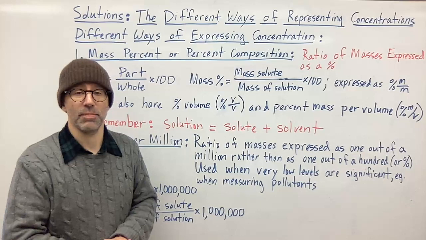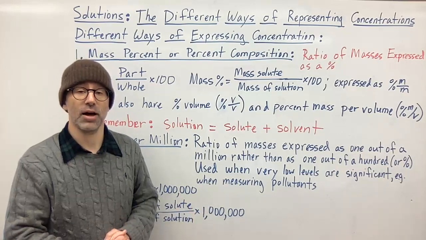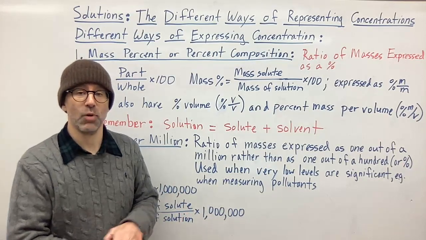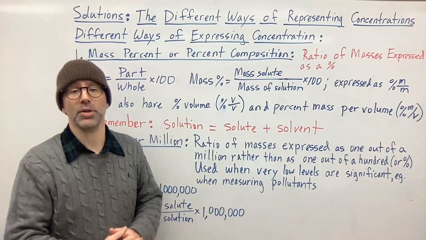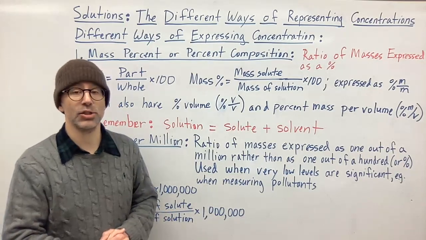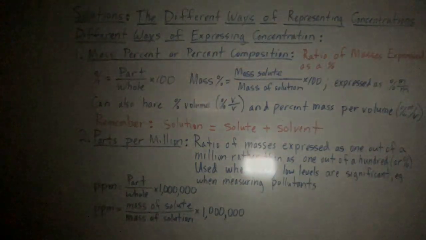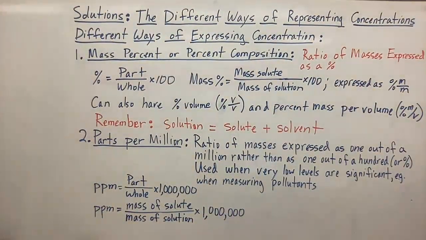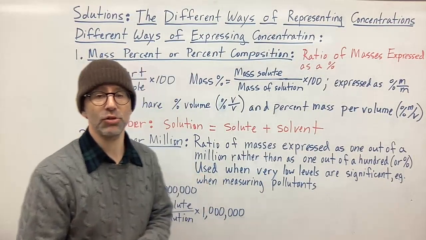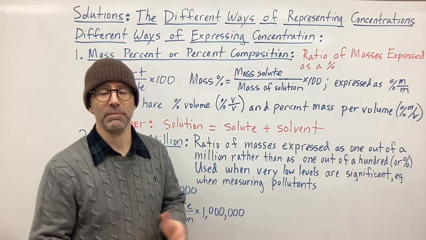Very, very low levels of mercury can cause problems. Heavy metals can cause problems. So you don't want that in your drinking water. So the water companies are usually measuring those concentrations in parts per million, right?